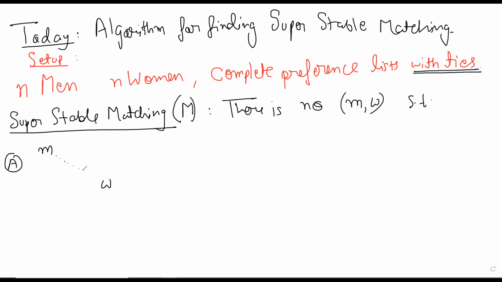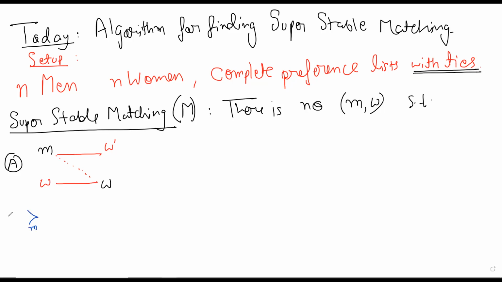So we don't want this M comma W such that, now obviously the bold edges mean the edges which are in the matching. The situation we don't want is the following, where M and W can both benefit.